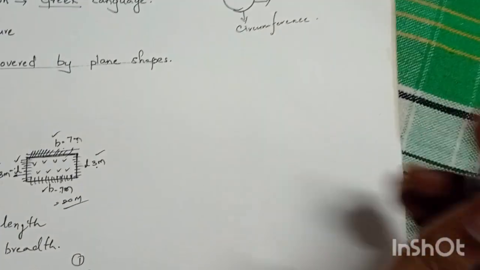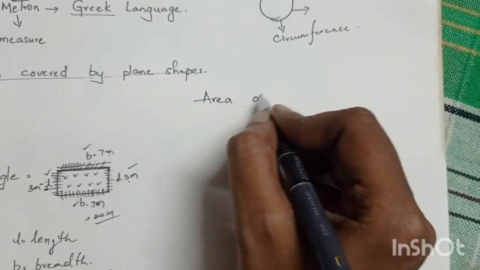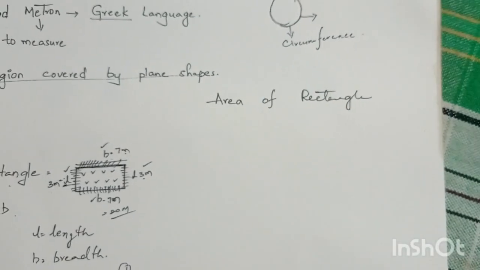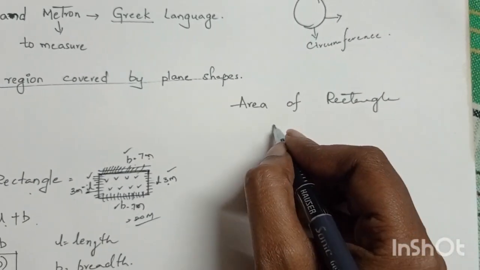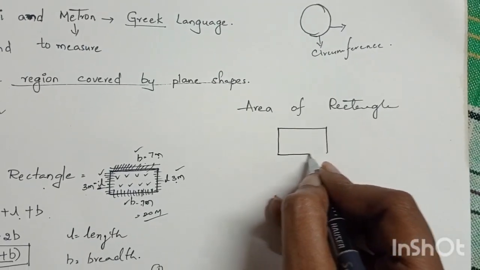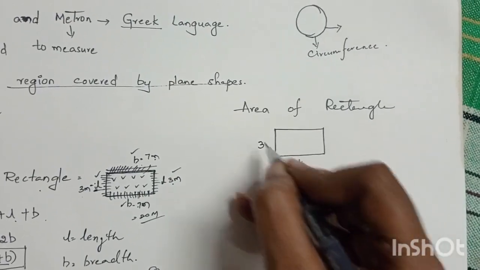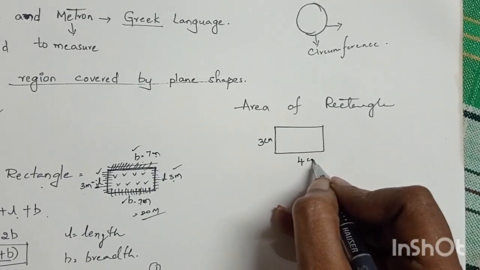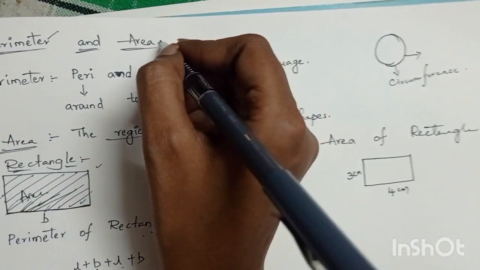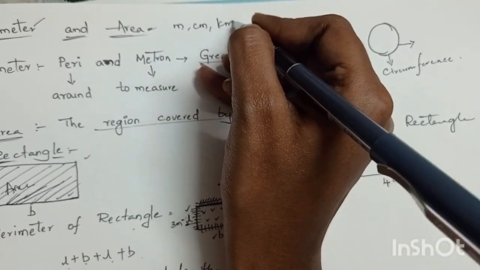Okay, let's find out the area of a rectangle. Let's understand in simple terms. For example, there is a small rectangle where the length is 3 and the breadth is 4 centimeters. Always remember, the perimeter and area concepts go only with meter, centimeter or kilometer.